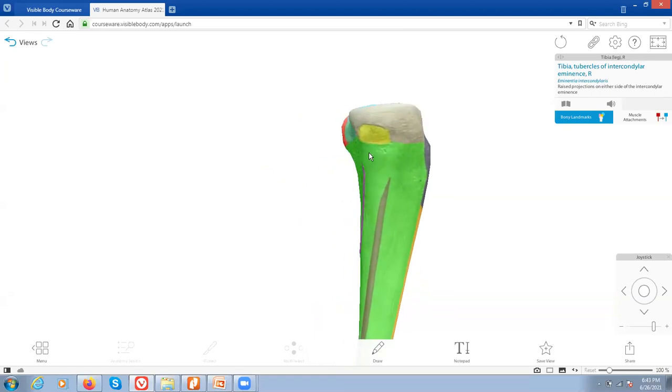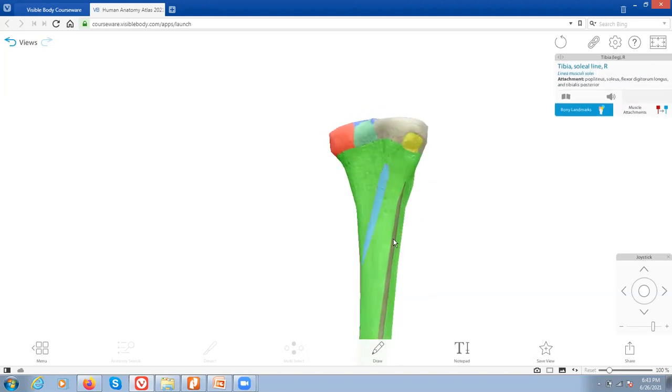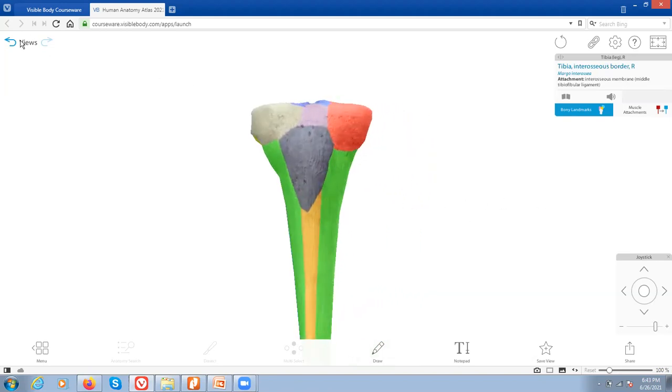And then one more region right here, that is the region that articulates with the fibula, right? So that's the fibular notch. And there are some other things here, some various lines. Those are just different places where there's attachments of ligaments or muscles.